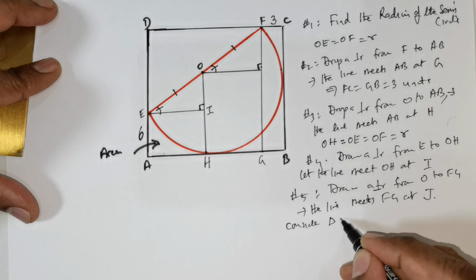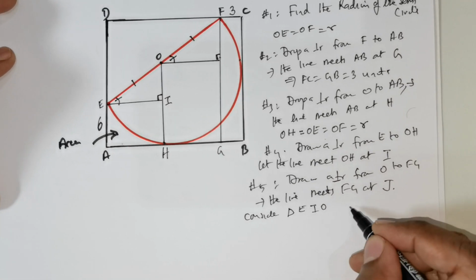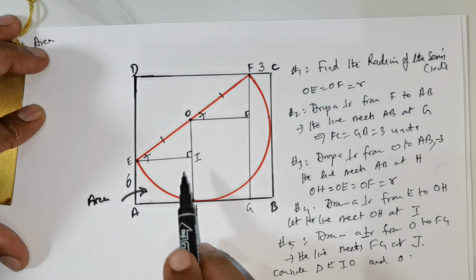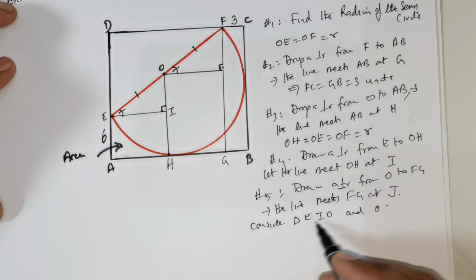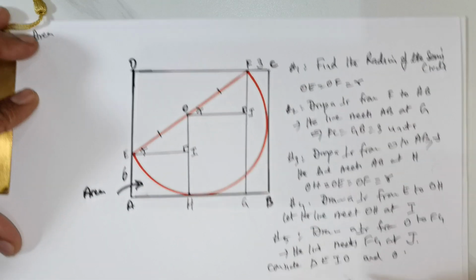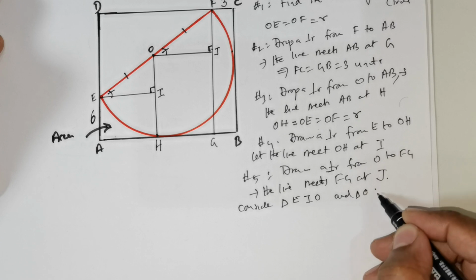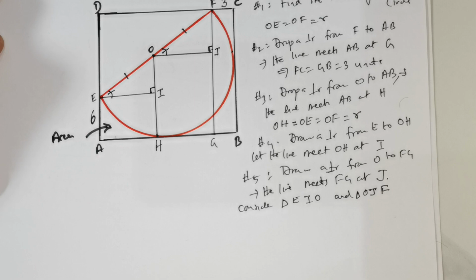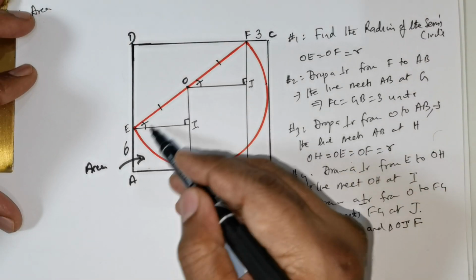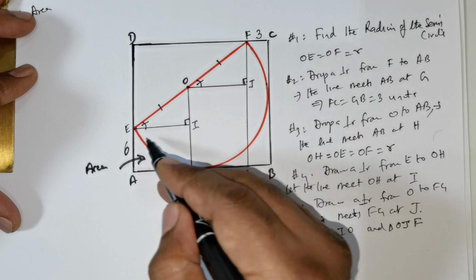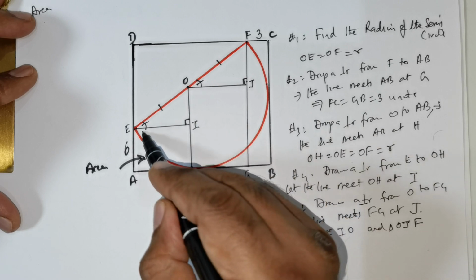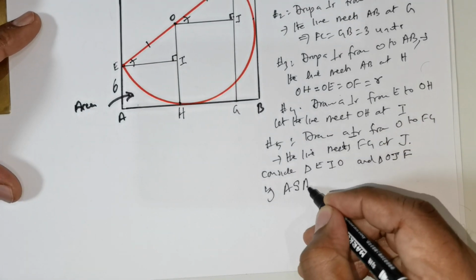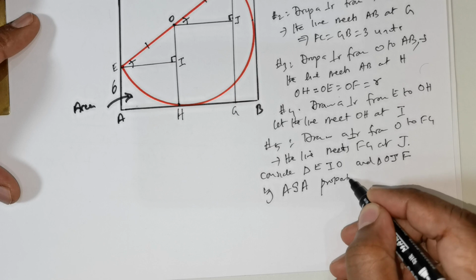Consider triangle EIO and triangle OJF, where I draw from O to FG, the line meets at J. By angle side angle property, what do you see?